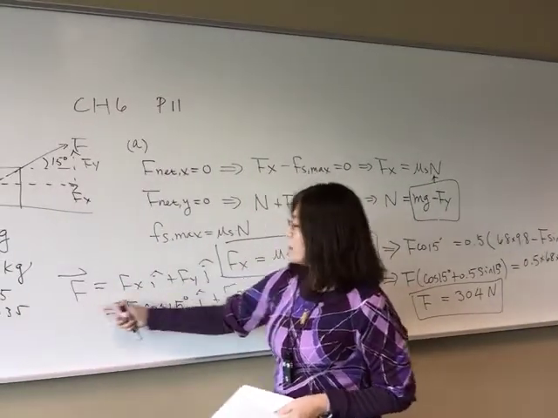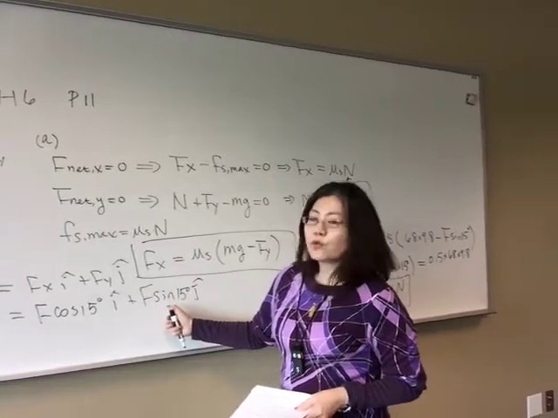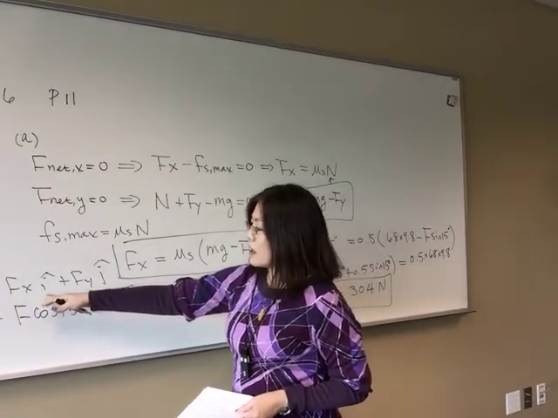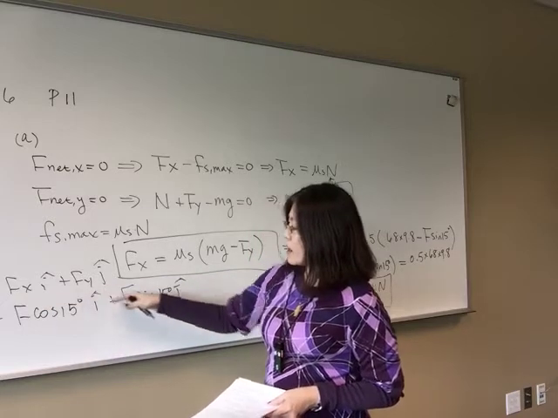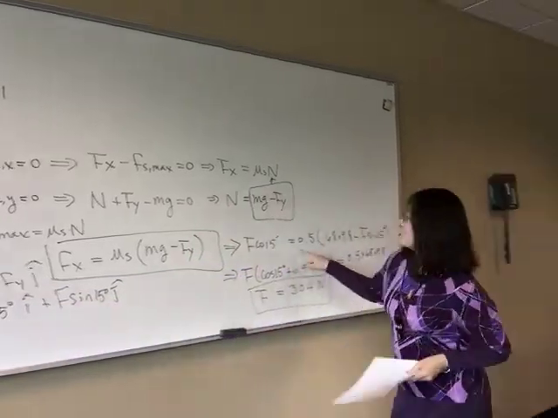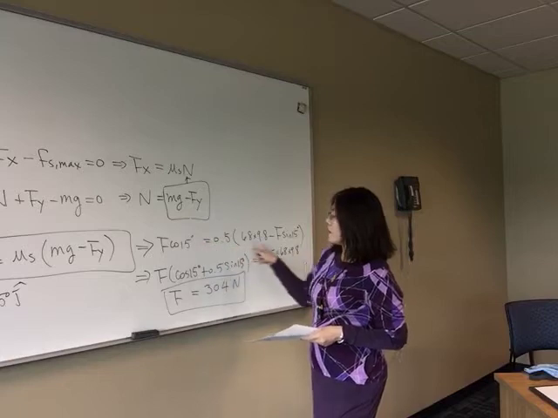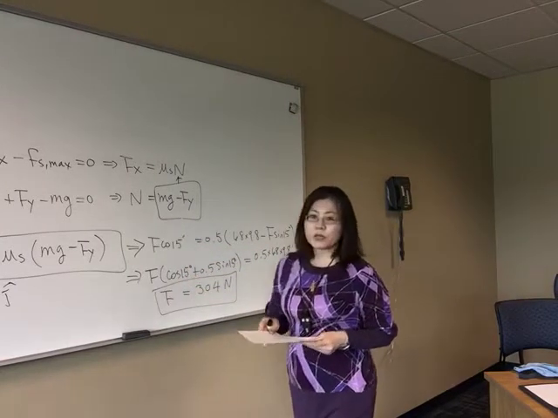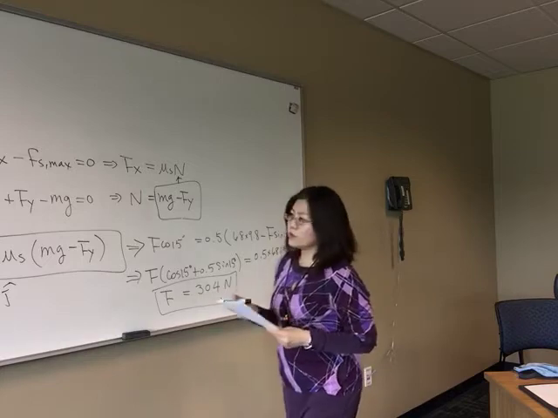When you express force in terms of the magnitude, and the angle is already given, you can just express the x component in this and the y component in that, and then substitute to this equation, so that you have just one unknown, and then you can find your force magnitude, which is 304 Newton.